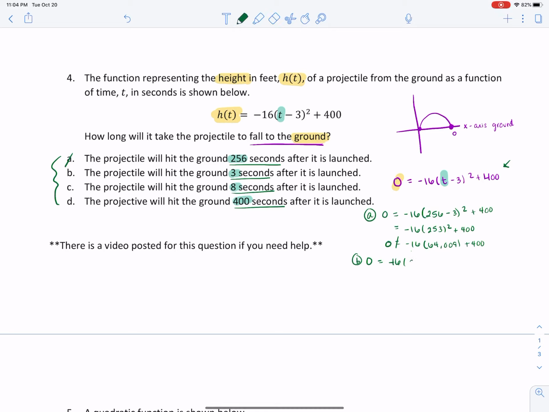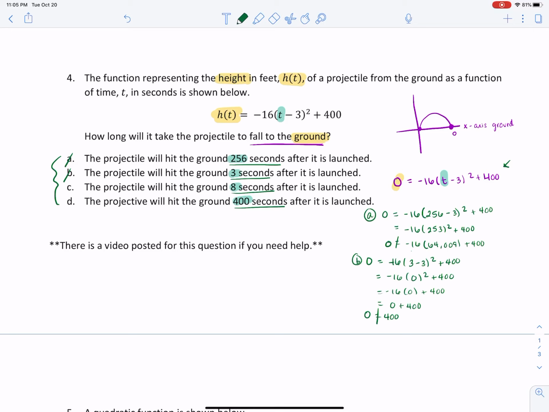T is now 3, minus 3 squared plus 400. So negative 16 times 3 minus 3 is 0. 0 squared is 0. 0 plus 400. So I have 0 equals 400. Well, that's not true. So B is not correct.